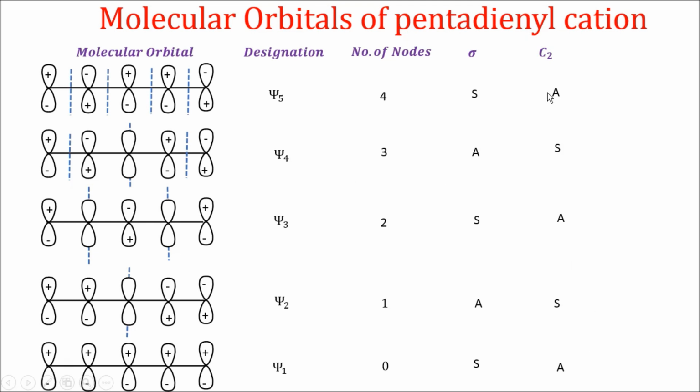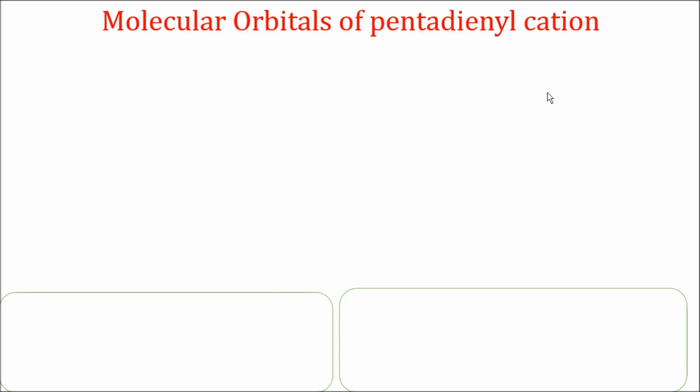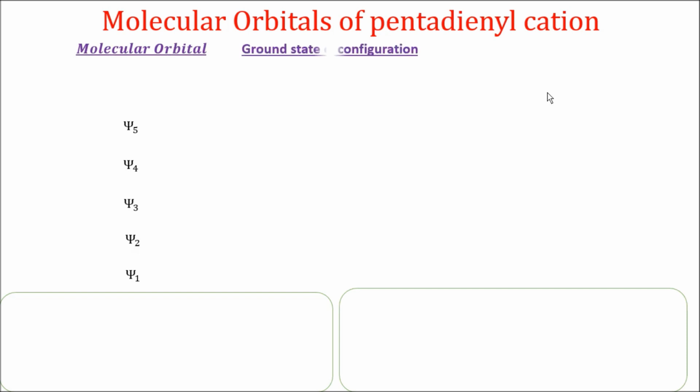Let's see the electronic configuration of pentadienyl cation. Here we have 4 electrons. Those 4 electrons will be filled in psi1 with 2 electrons and psi2 with 2 electrons in the ground state.